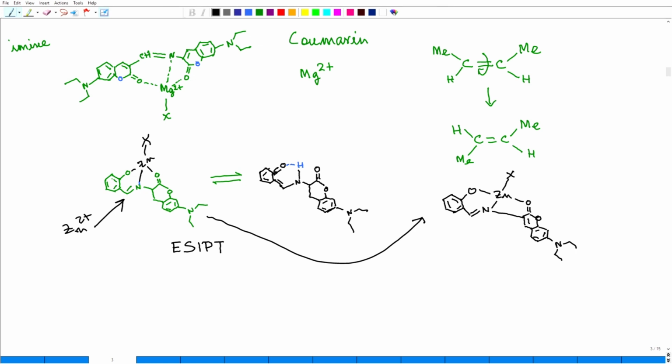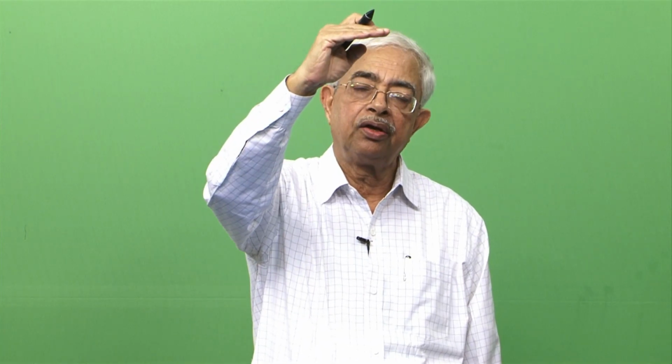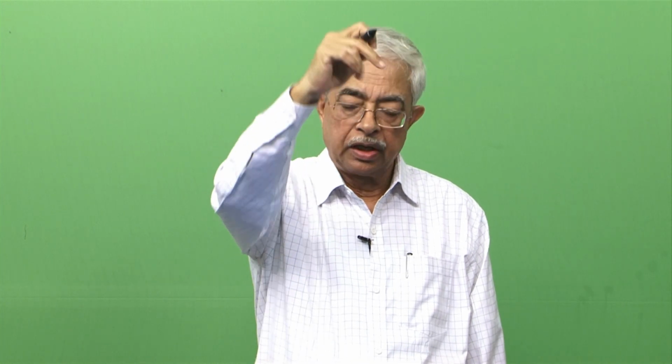So, I got another system. Here it was stoppage of double bond rotation, and here it is stoppage of intramolecular proton transfer, the ESIPT mechanism. Both of these work on the principle, in all of the cases, that when we excite, we have to stop the deactivation pathway.